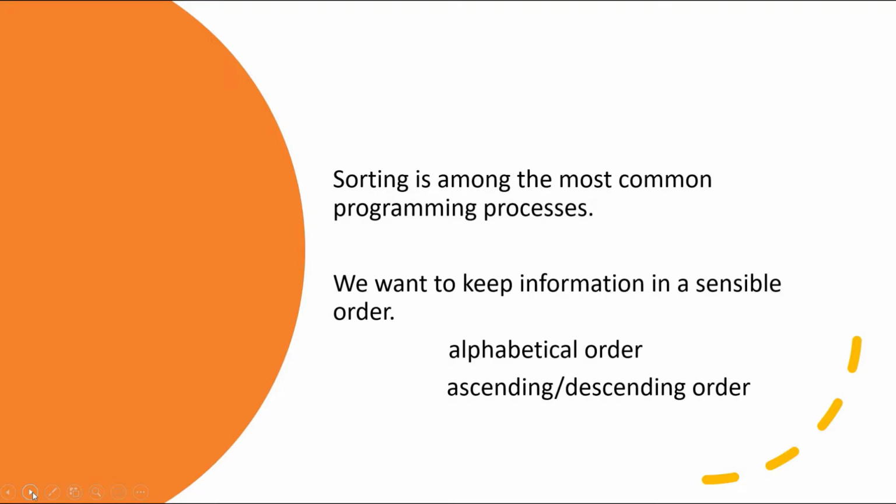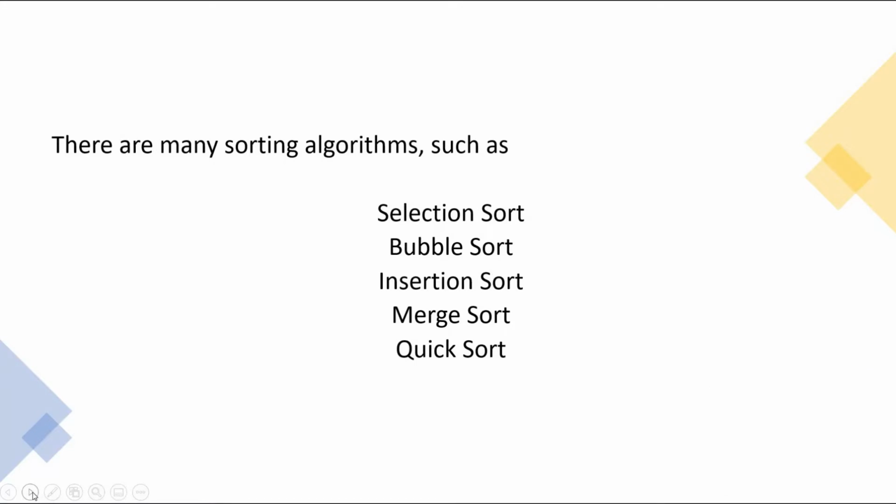Like it may be alphabetical order, or ascending order, or even descending order. There are several sorting algorithms: selection sort, bubble sort, insertion sort, merge sort, quick sort. Today I'm going to discuss selection sort.